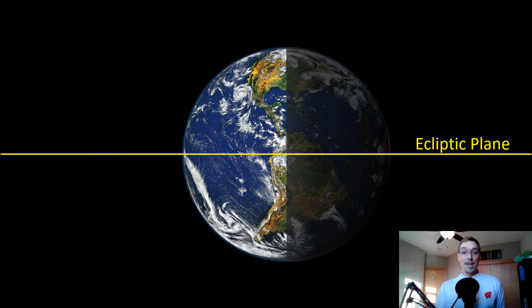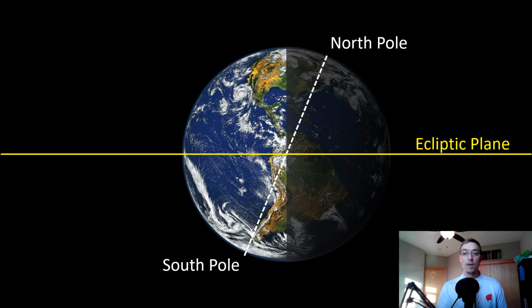So let's make a diagram of our Earth and some of the things that we're going to be interested in. First off, we can see that horizontal line, perpendicular to the sun line, the ecliptic plane. Next, we can see an imaginary line connecting our north and south poles. After that, we can see the equator bisecting the planet midway between the north and south poles.